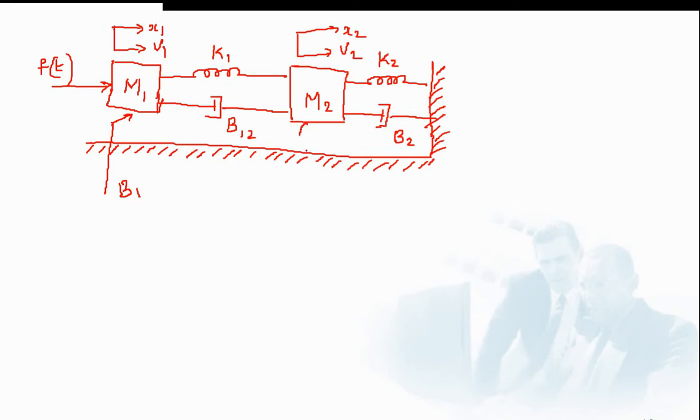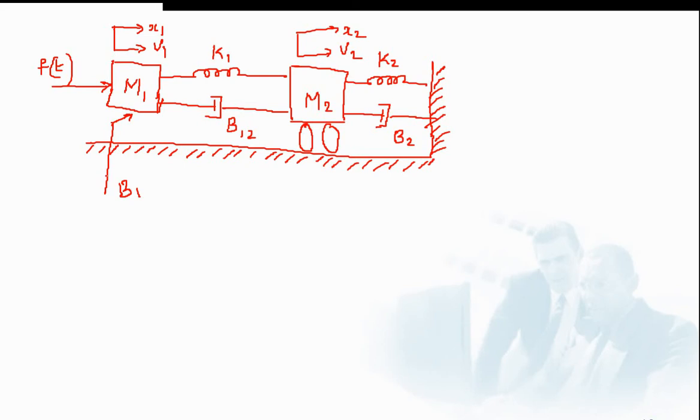So as you can see, a spring K1 and a damper B12 are connected in between masses M1 and M2. Also there is a spring K2 and damper B2 that are connected only to M2. Here you can see an arrow.